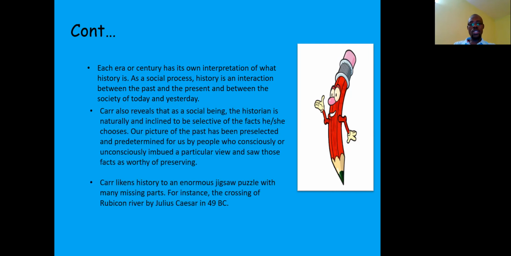Carr also reveals that as a social being, the historian is naturally inclined to be selective of the facts he or she chooses. Remember, history is so vast and we cannot study it in its totality. So whichever place you choose to focus on, there must be that objectivity.